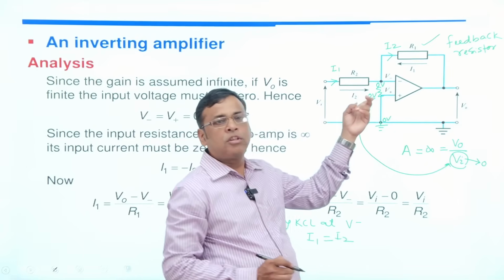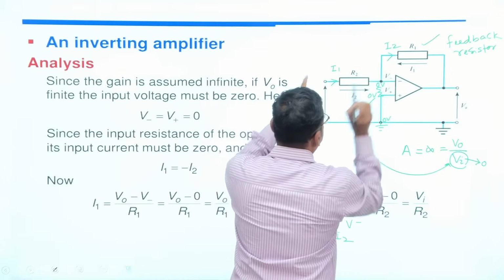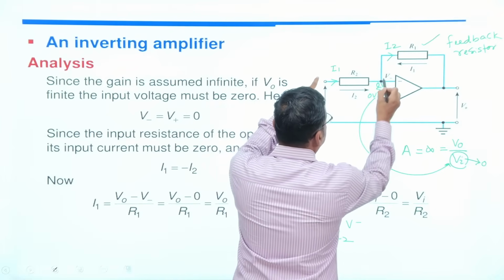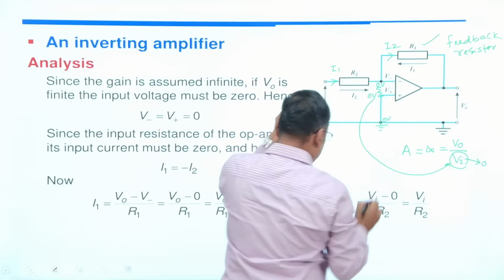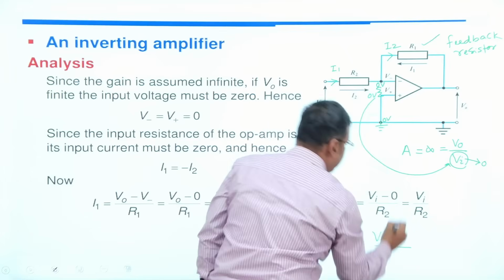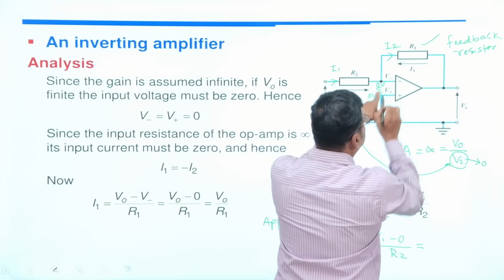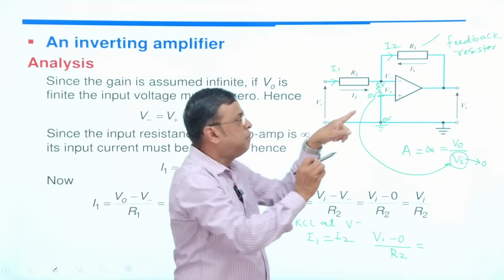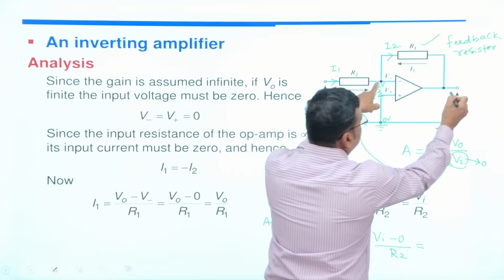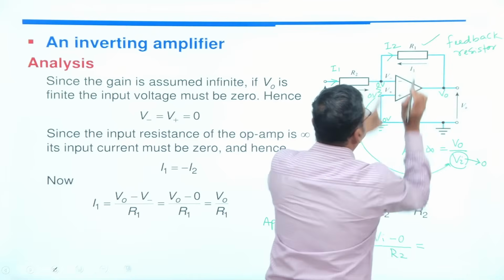What is the value of I1? Current is nothing but voltage by resistance. What is the voltage? The potential across this point is your Vi, and the potential at this point is 0. So Vi minus 0 divided by R2 is equal to I2. What is the value of I2? Voltage by resistance. This potential is 0, this potential is V0. So 0 minus V0 by R1.